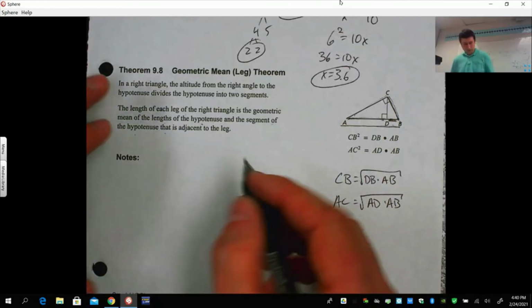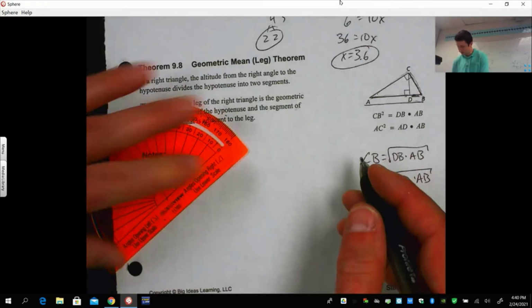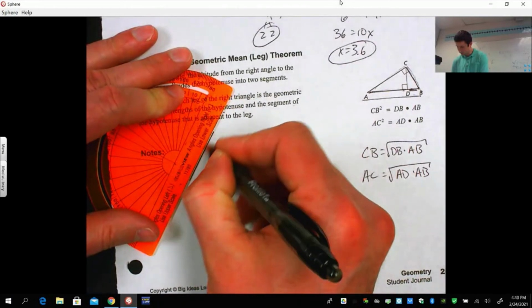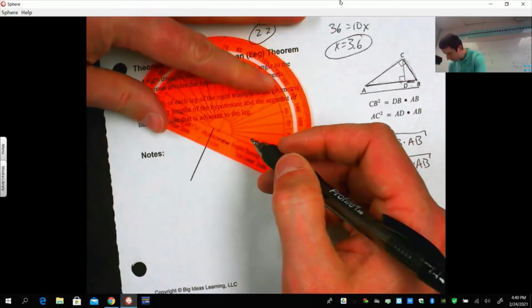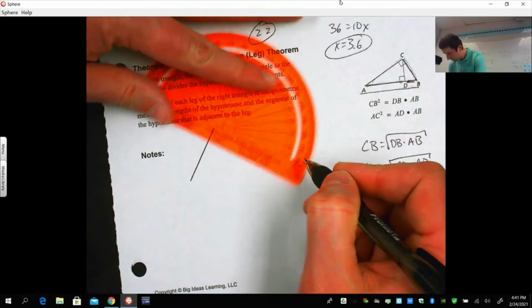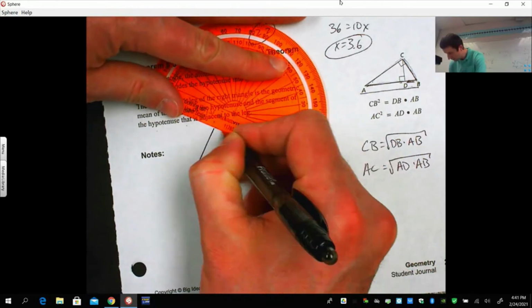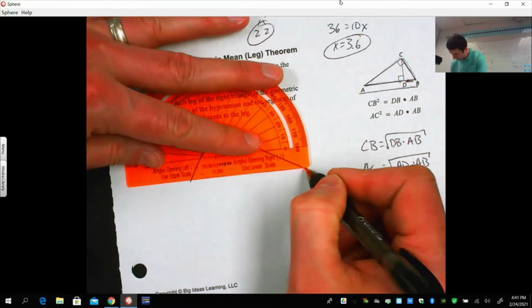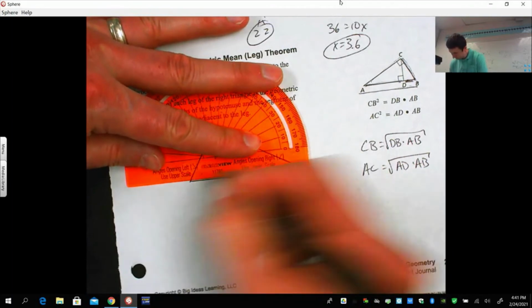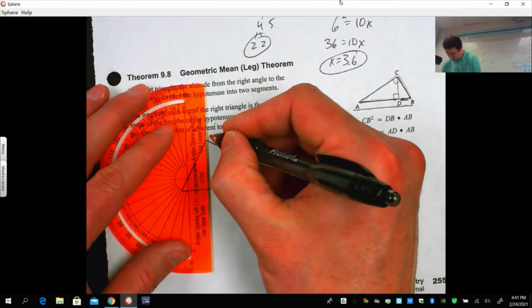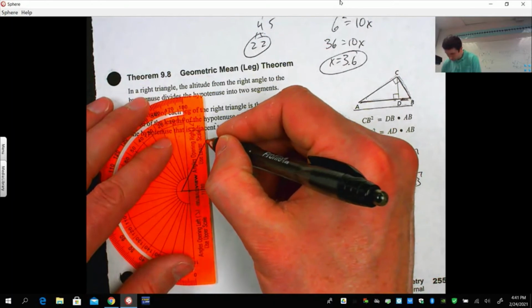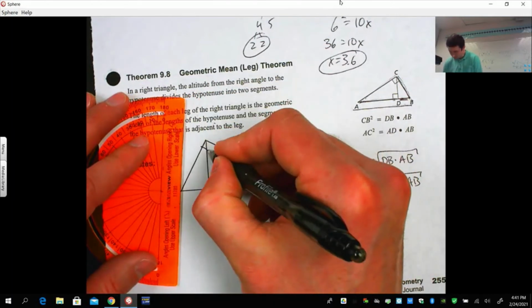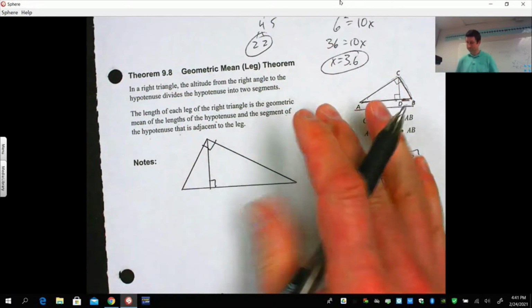So here are your formulas. You want to make sure to get this down. I've got a right angle up there, and a right angle there.